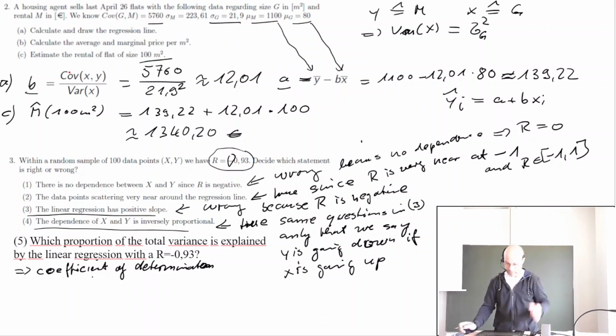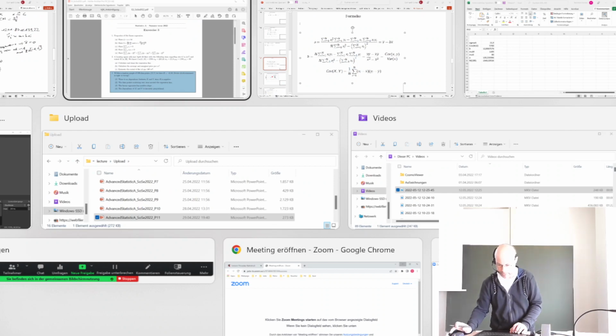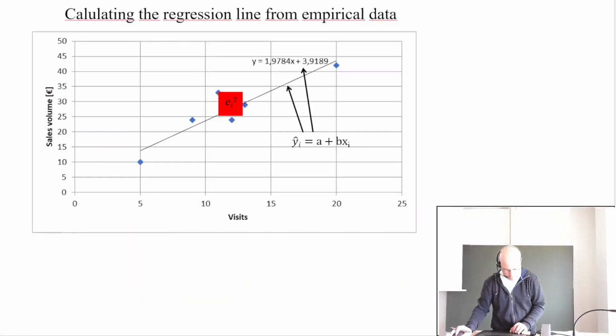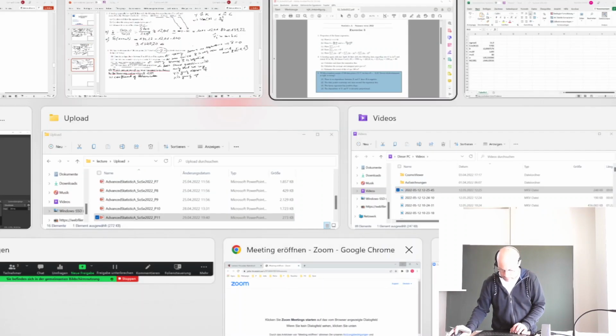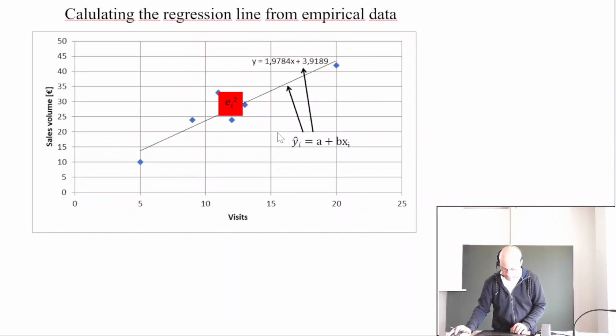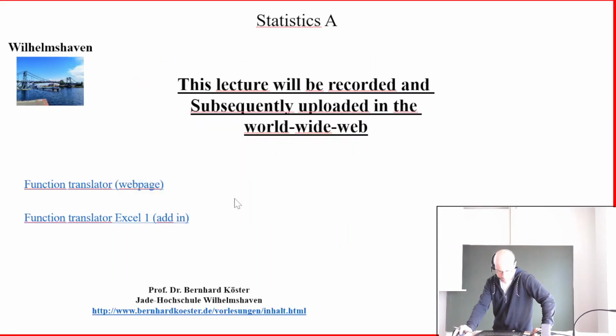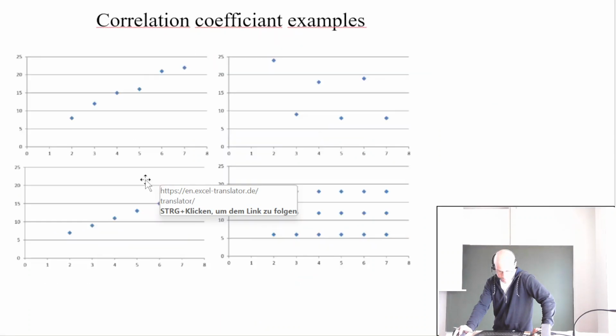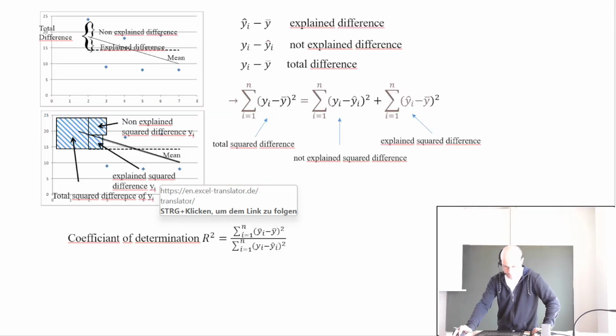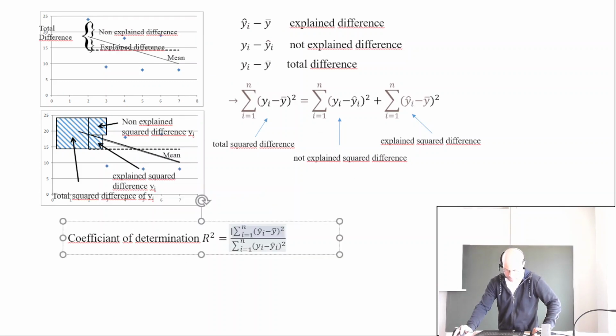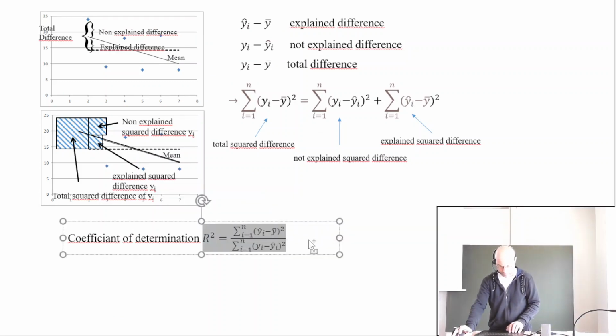And this coefficient of determination was just defined as, let's see if I find this here. Maybe 12. Yeah. This was R, and here we are. This one.